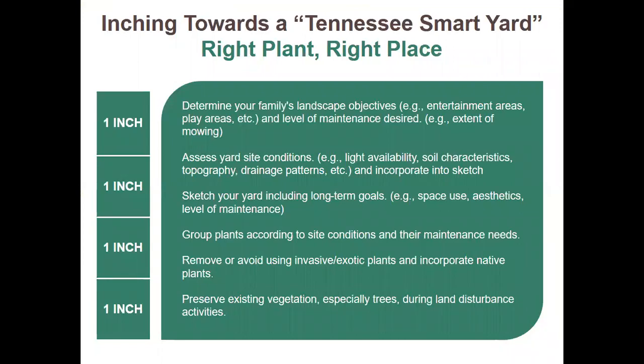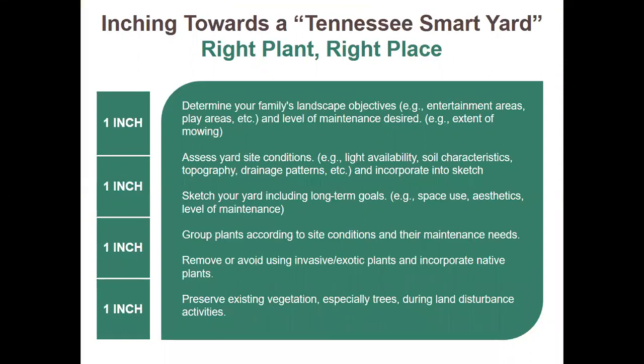So when we look at all of these, today we looked at our family's landscape objectives in the lawn. We wanted to figure out where we were going to put our kids area, where our pet area was, where we were going to have a wildlife viewing area. We assessed whether our lawn was full sun, full shade, if we had some areas that held water, if we had some drainage issues in some of them.